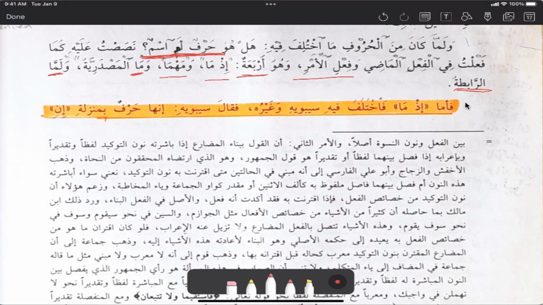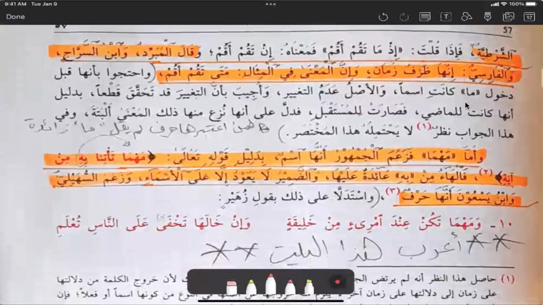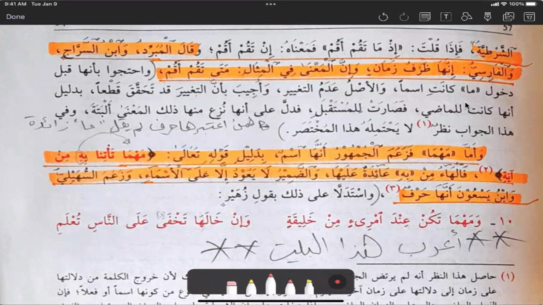Now concerning idhma, Imam Sibawayh differed with others about it. Sibawayh said, indeed, it is a particle, with the meaning of the conditional particle if.